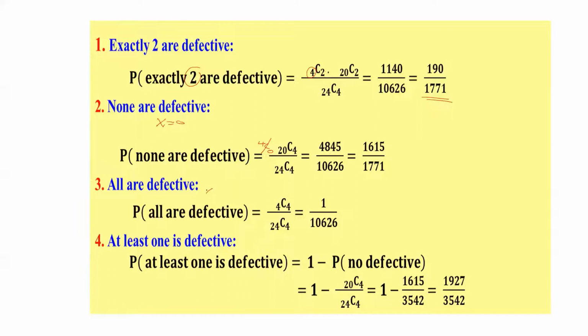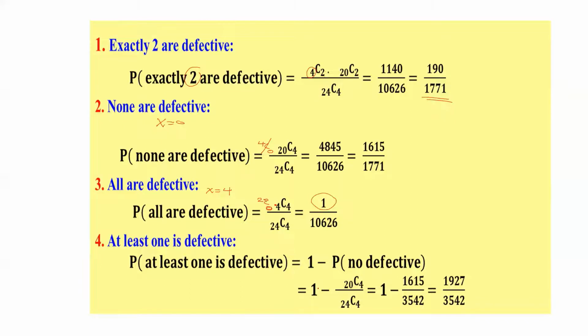All means x equals 4. So we write 4C4 multiplied by 20C0. 20C0 also equals 1, 4C4 equals 1. So we have 1 over 24C4. At least one means 1 minus P of 0.